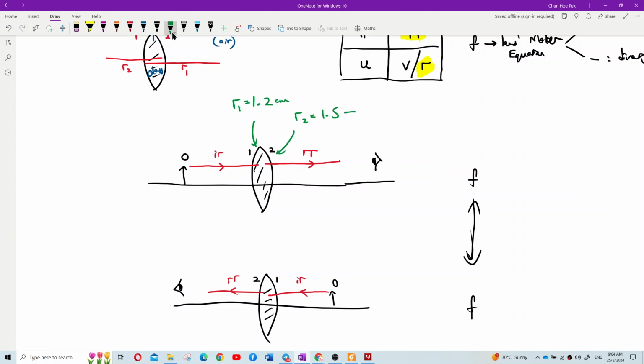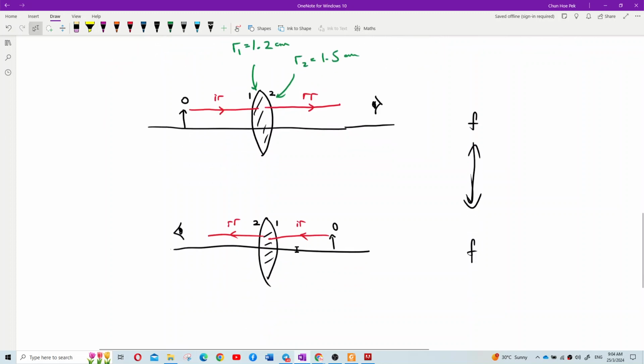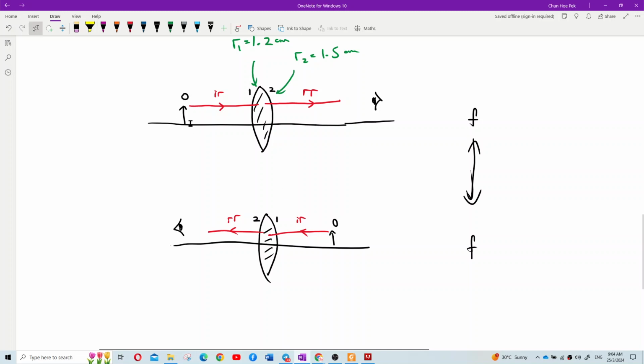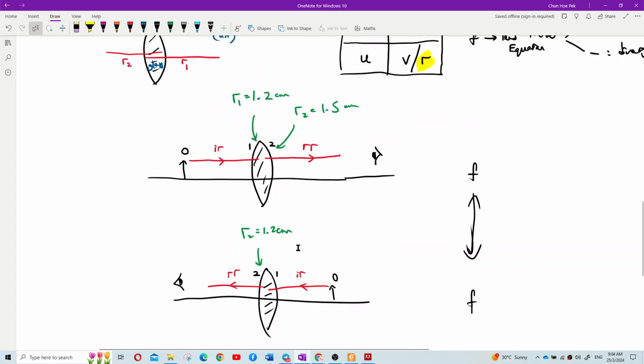I assume these two lenses are the same lens, just the object is at a different position. So if these two lenses are the same, that means if the object is at the right hand side, then the radius 2 is still 1.2 cm. It's just that this one last time was R1, and this one becomes R2 because of what?